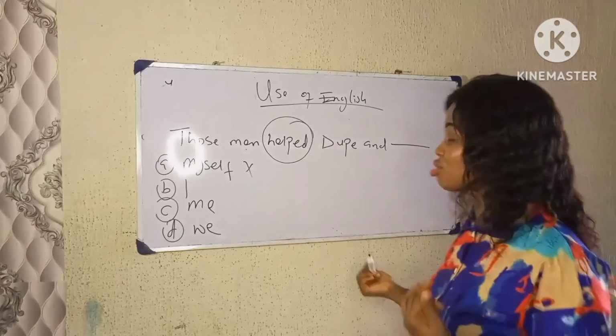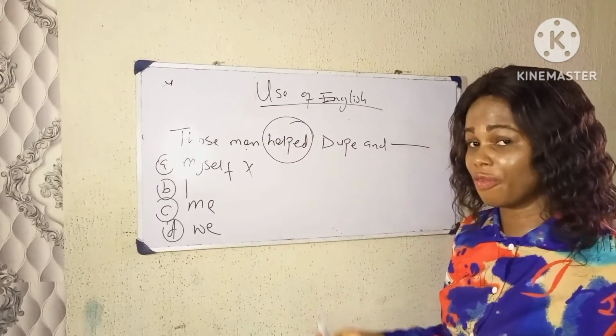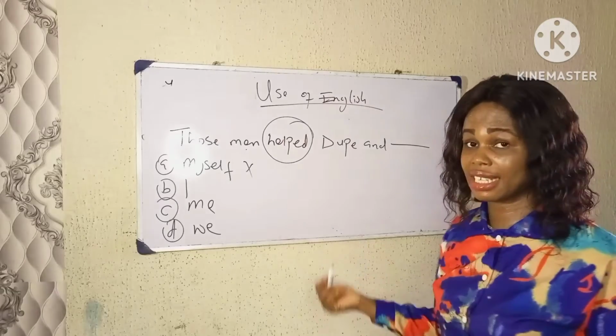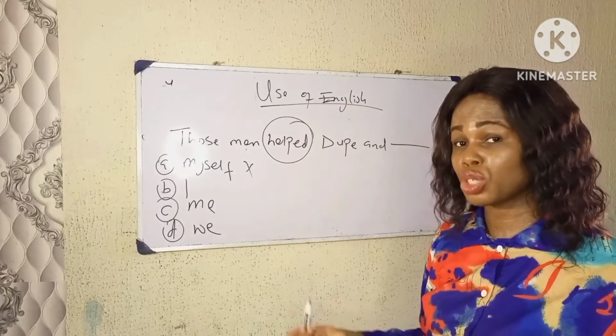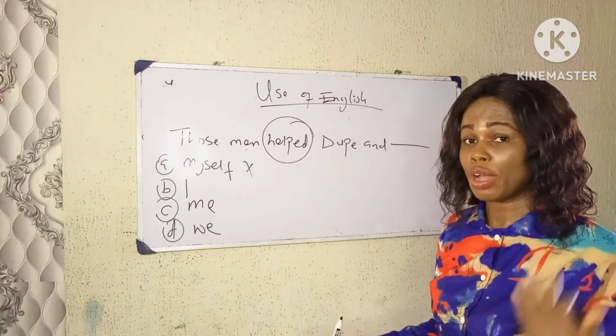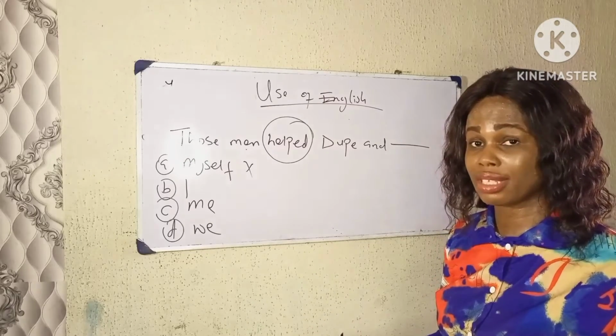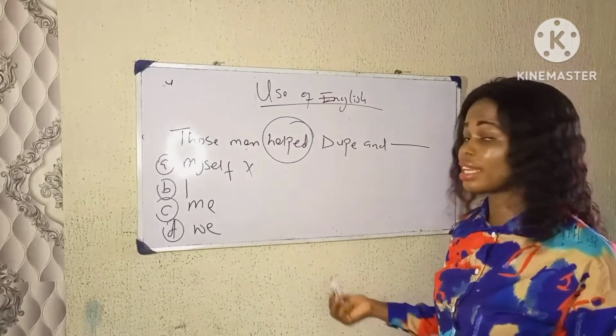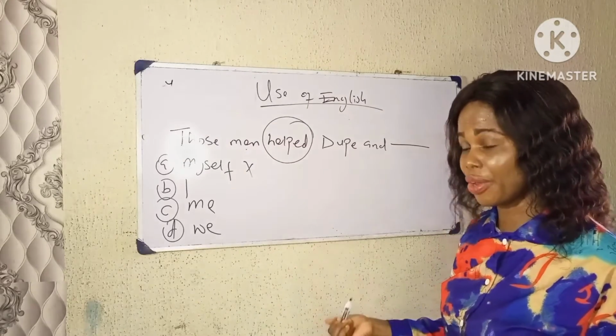Now, object pronouns usually come after the verb of the sentence, while nominative pronouns, that is subject pronouns, usually come before the verb.